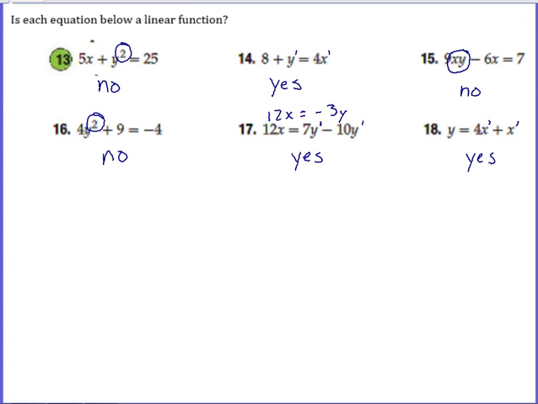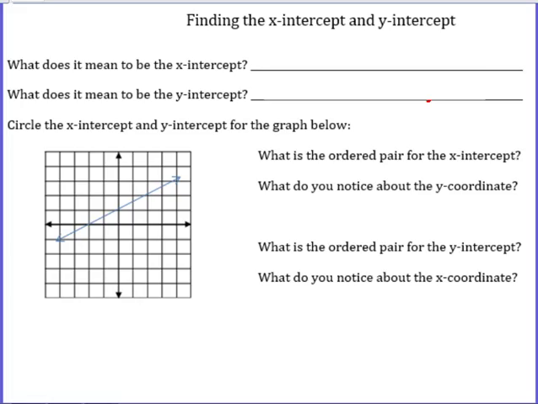So when we have linear functions, we have what's called an x and y-intercept. And the x-intercept is just wherever the graph crosses the x-axis. So remember from before, the x-axis is the horizontal axis right here.